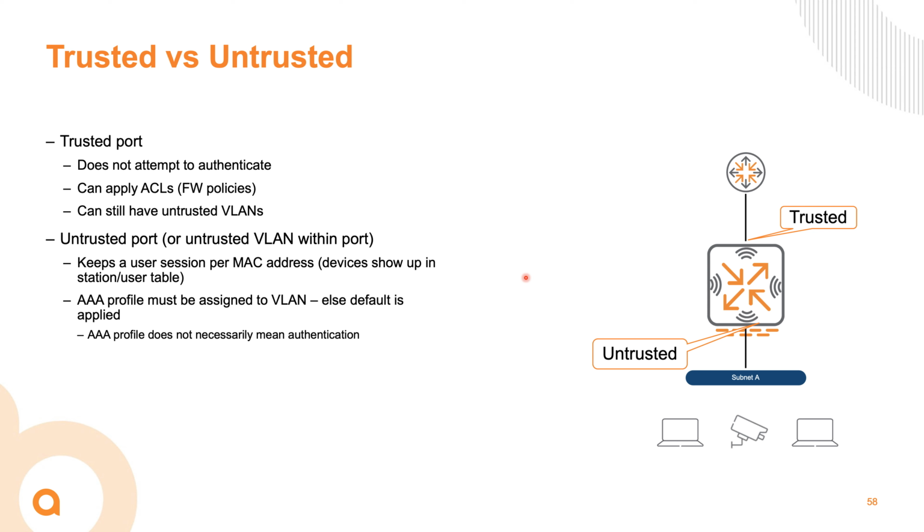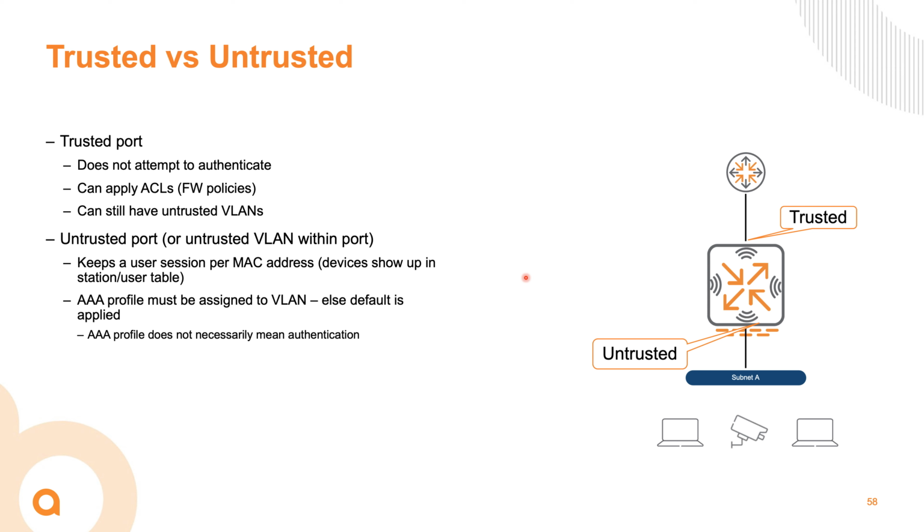And this means that as soon as a VLAN is untrusted, a session is created for those particular devices. So when I talk about devices or users, what I really mean is a MAC address, which is then created in the user table. And what we can do additionally is tie that particular untrusted VLAN to a AAA profile to do some additional checking in terms of authentication.